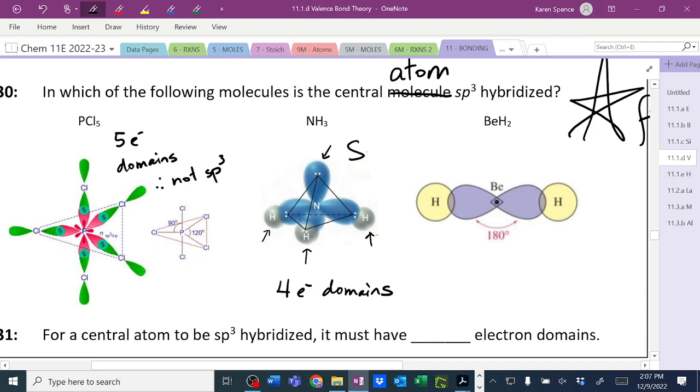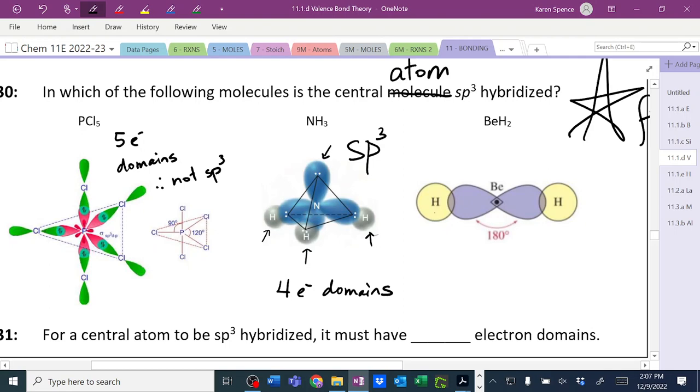It is sp3. There's no 4. We don't put any numbers in front of the hybrid orbitals. They're just the letters. We have 4 sp3 orbitals, but we just say that the nitrogen is sp3 hybridized. Okay.